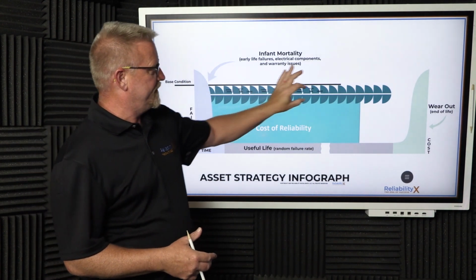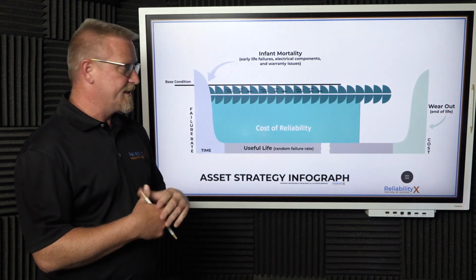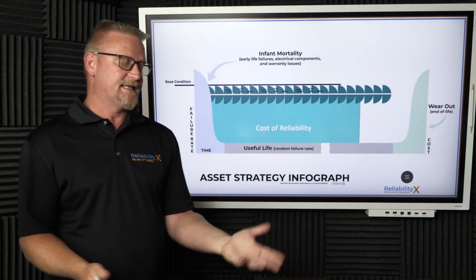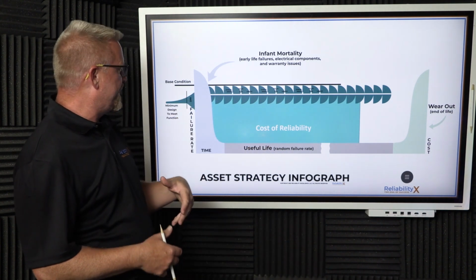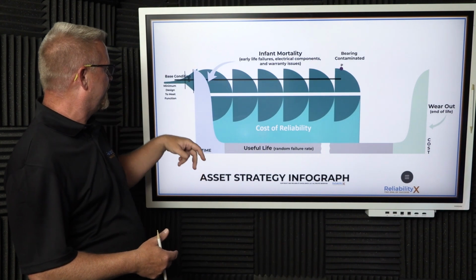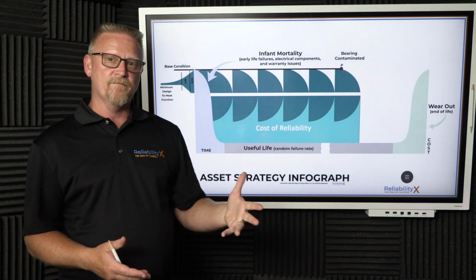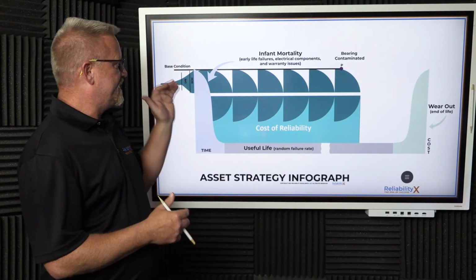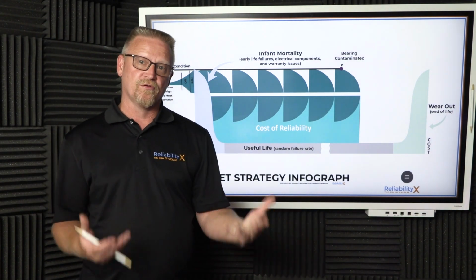Now, this pattern is pretty uniform, and over and over again we do the same stuff. If we use techniques such as design for reliability and RCM, what happens is our base condition is improved.